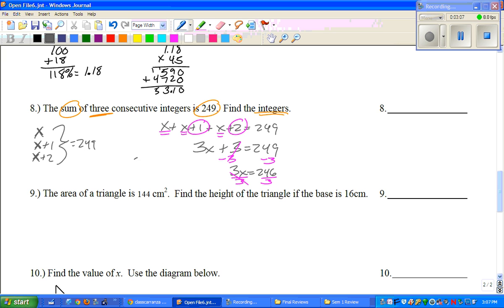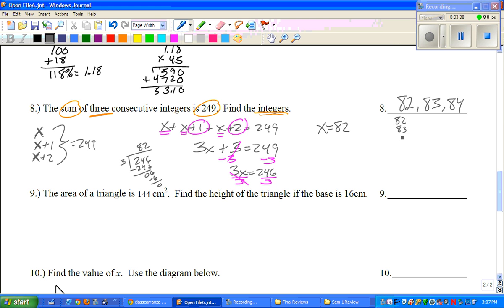Divide by 3, so you have to do 246 divided by 3. 3 goes into 24 8 times. Bring down the 6, and you get 82. So x equals 82, but they want to know all 3 of the numbers. Okay, so my consecutive integers would be 82, 83, 84.